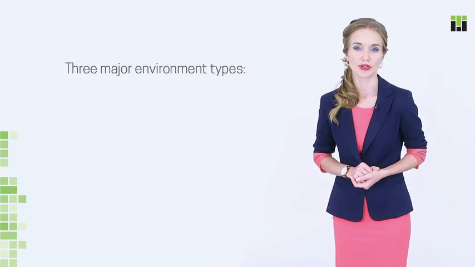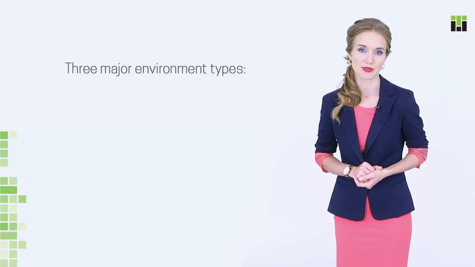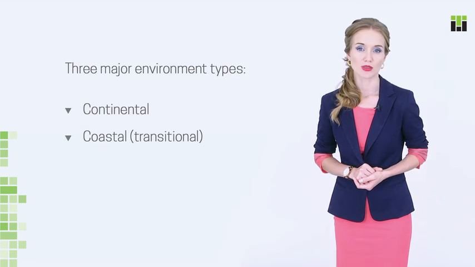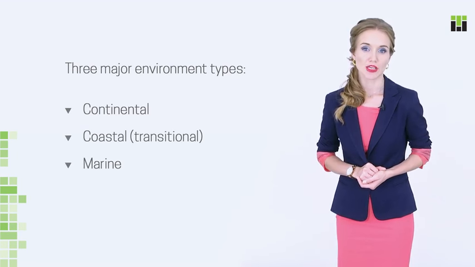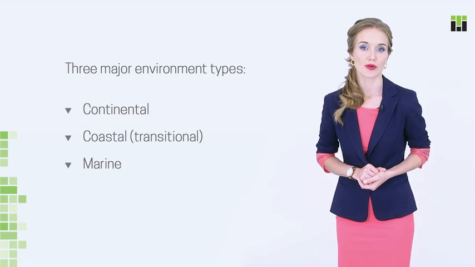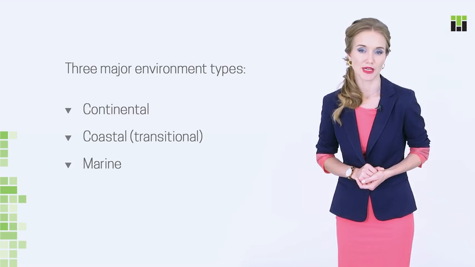We distinguish three major environment types: continental, coastal, and marine. Each of these types can be further subdivided into subtypes.